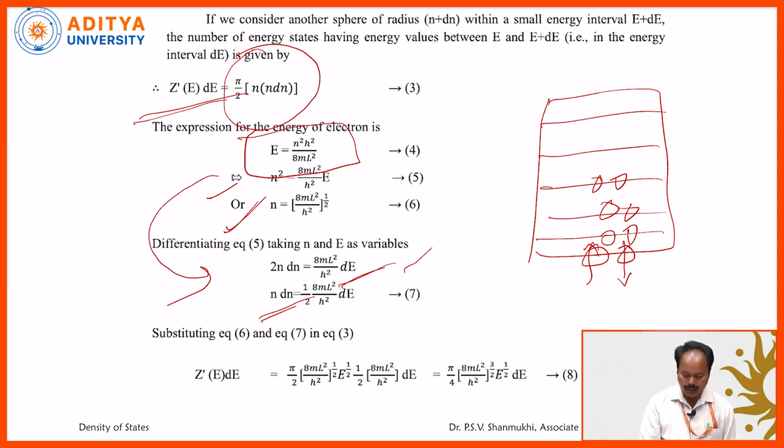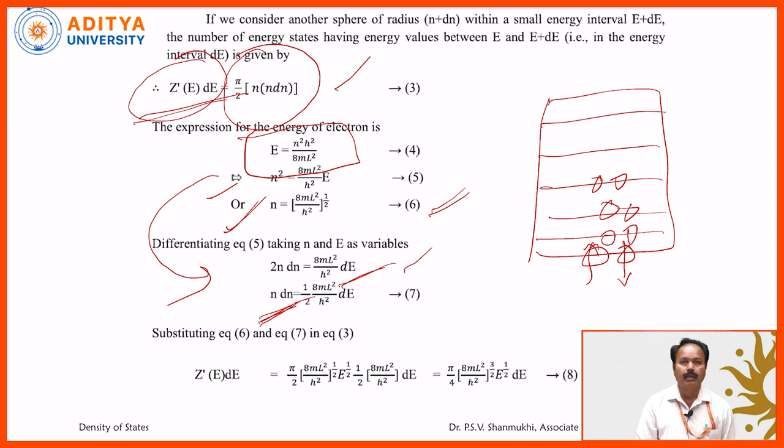Now we have n into dn and also equation 6, that is the n expression. Generally the density of available energy levels is given by pi by 2 into n square dn, or n into dn.